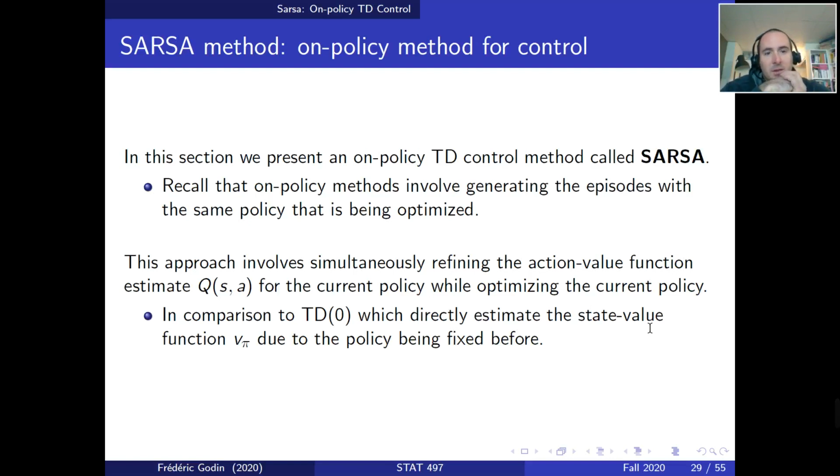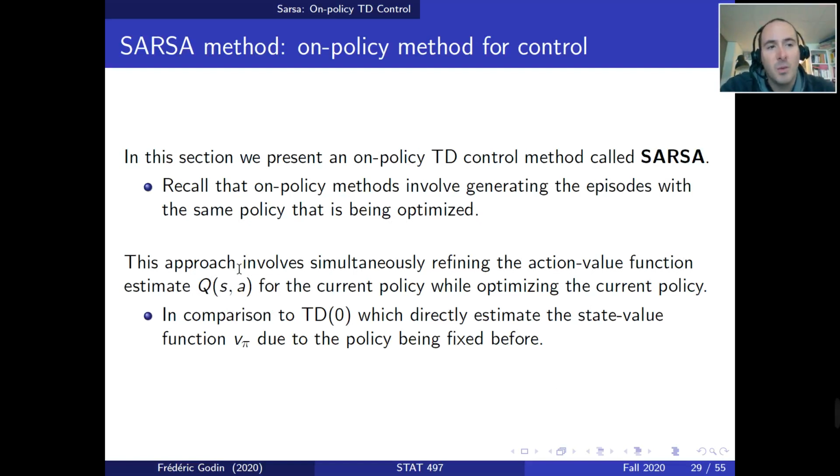So that first on policy method we're going to present is called the SARSA algorithm. When we do control, again, we don't want simply the state value function v. We rather would like to have the action value q, the function q, which gives the value of all actions in a given state. And why do we need this value function instead of v?